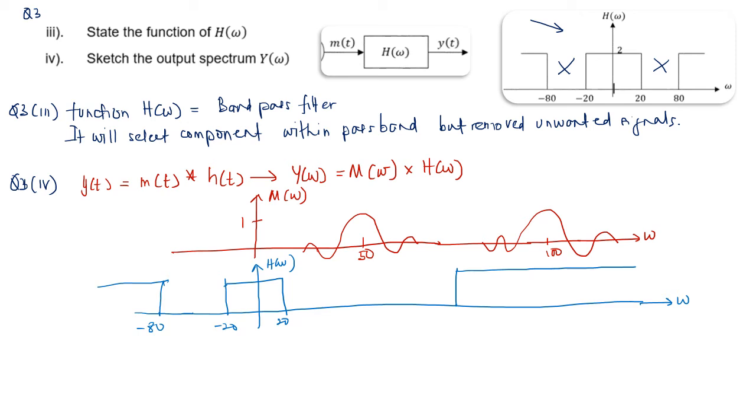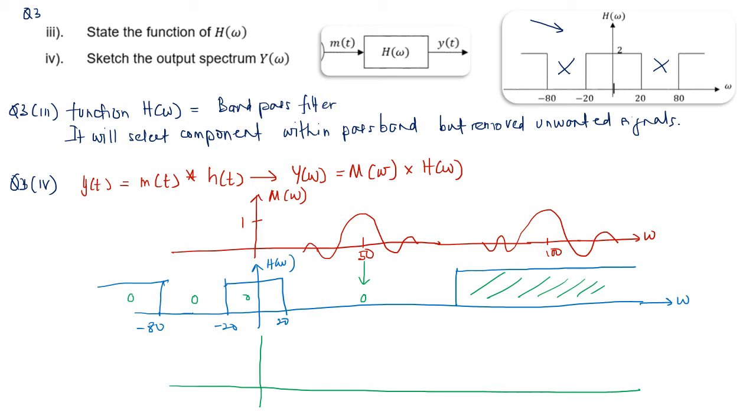You may notice that this signal multiplied with 0 will be 0. So the rest also 0. And the only selected one is the higher frequency component in this case. So the output you have is this. Here is 100 plus 2 pi, and here is 100 minus 2 pi. So this is your Y(omega).